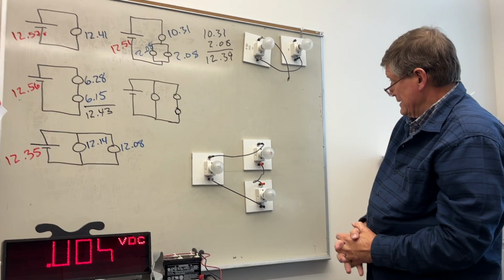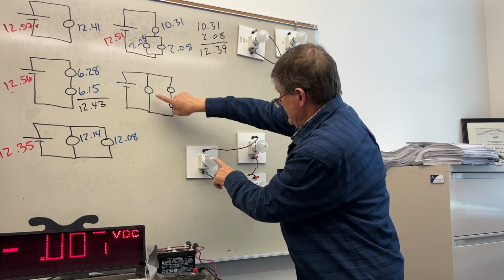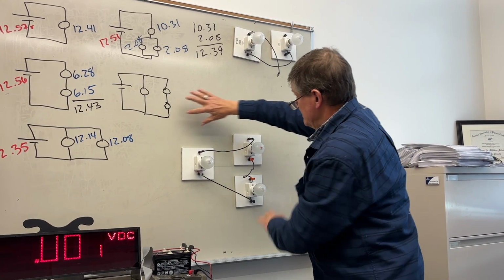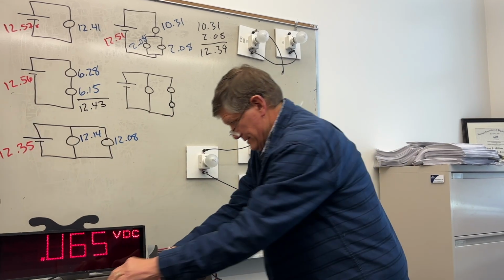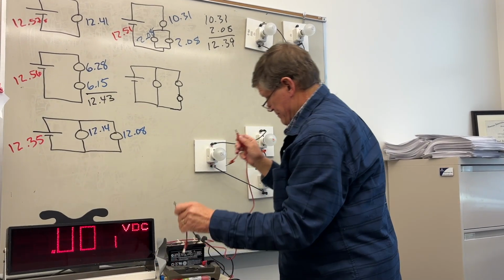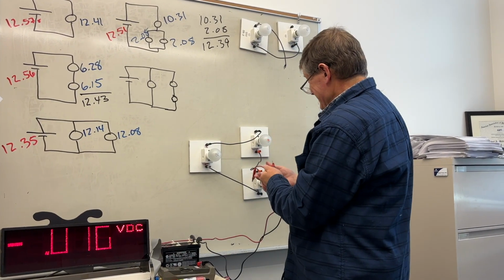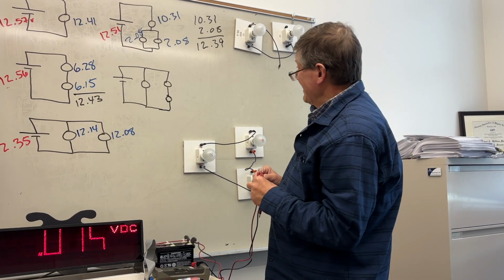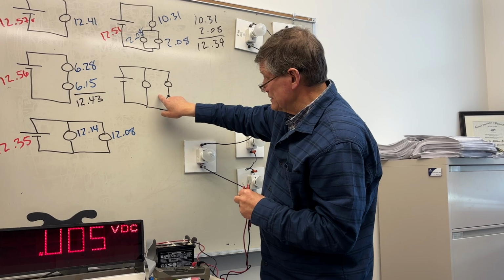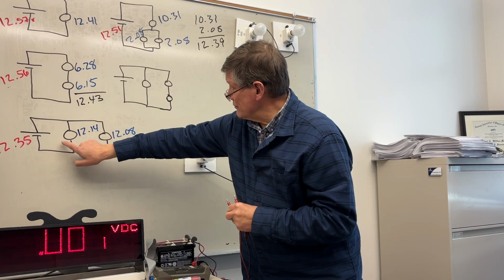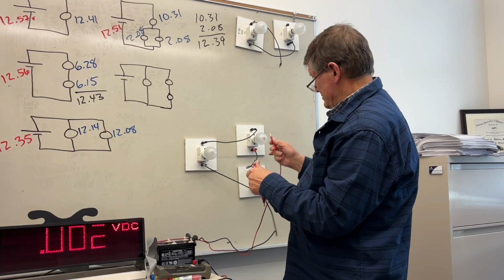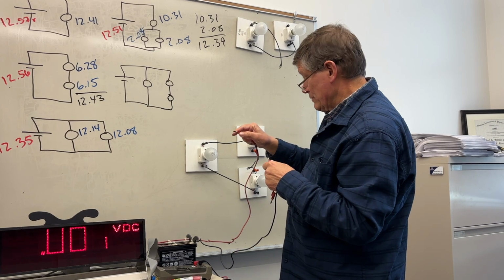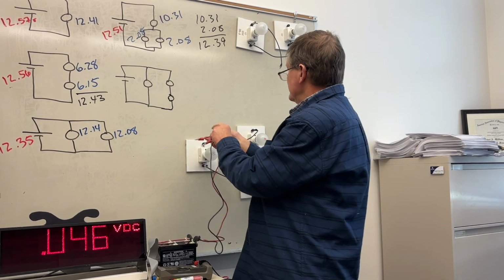Okay, you see that this would be that bulb there, and these guys are those bulbs there. So let's hook up our battery. Now we've got a little bit more resistance than this one here, so we should get a little bit more voltage there, less current.